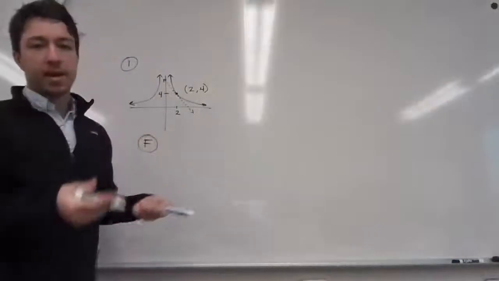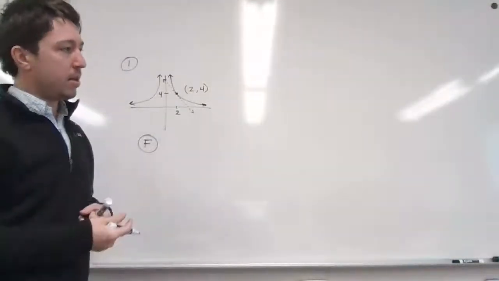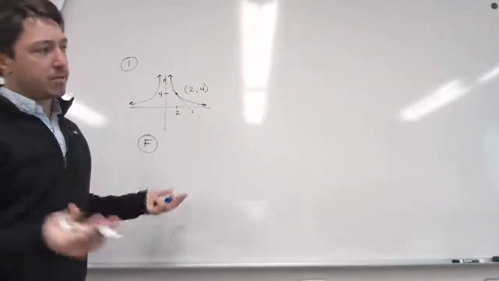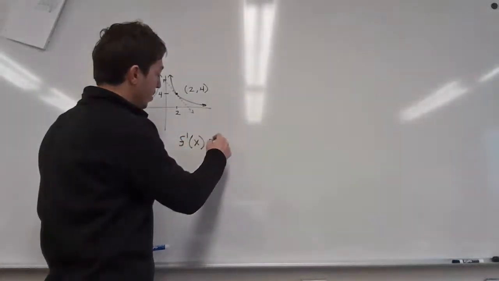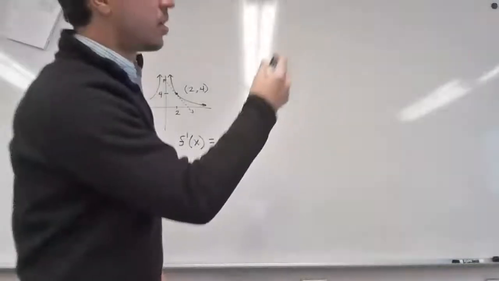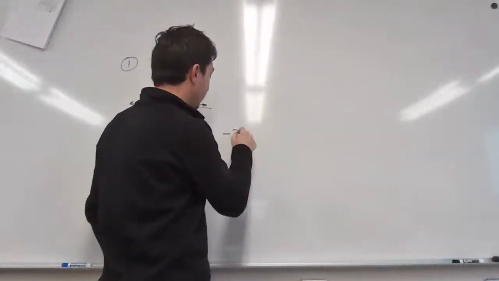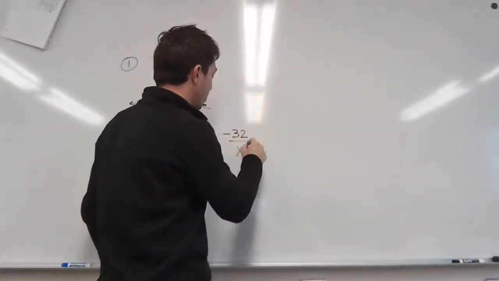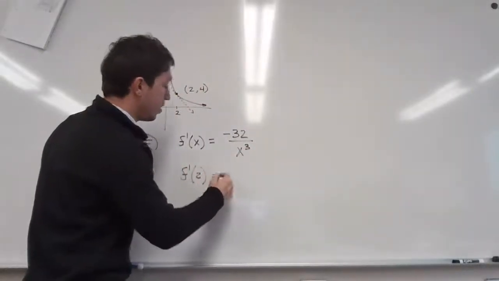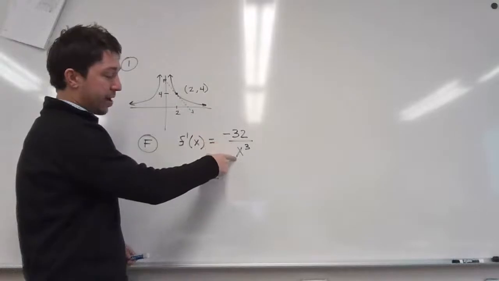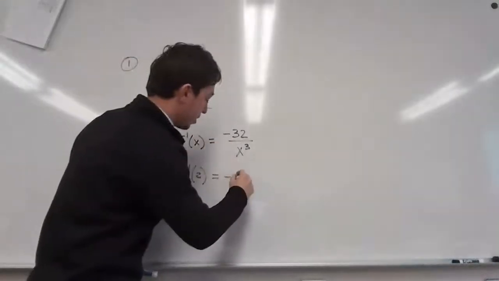But I'll show you real quick how to calculate this in case you want to do the whole thing algebraically. You just take the derivative. f prime is negative 32 over x cubed. So f prime at 2 would be negative 32 divided by 8, which is negative 4.